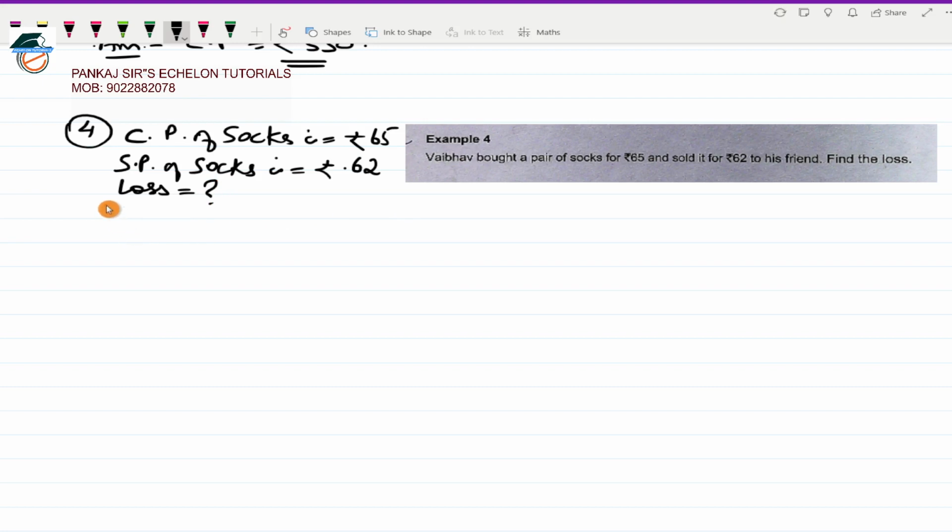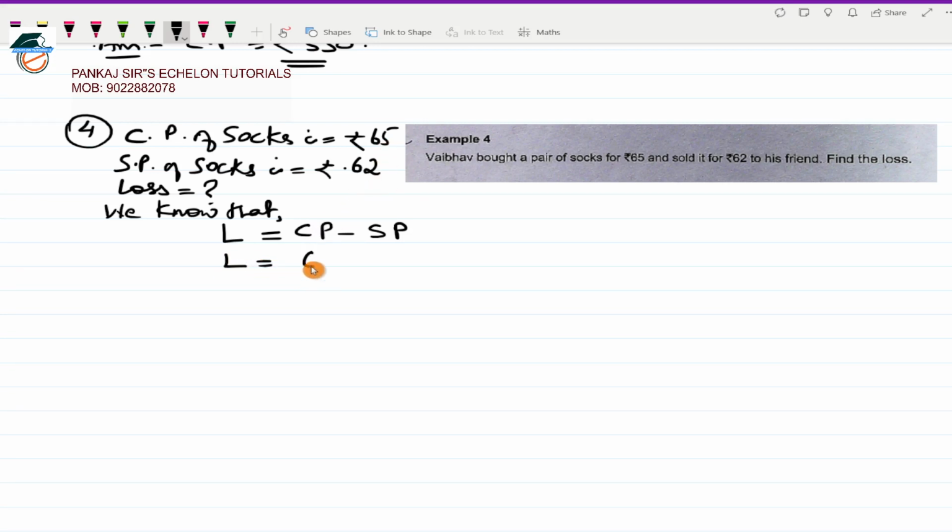For this particular question, the formula that we are going to choose relates these three things: loss, cost price and selling price. And we know that formula. Formula number 2 is loss equals cost price minus the selling price. This is the formula we are going to use. So loss we have to find out, L equals, now what is cost price?